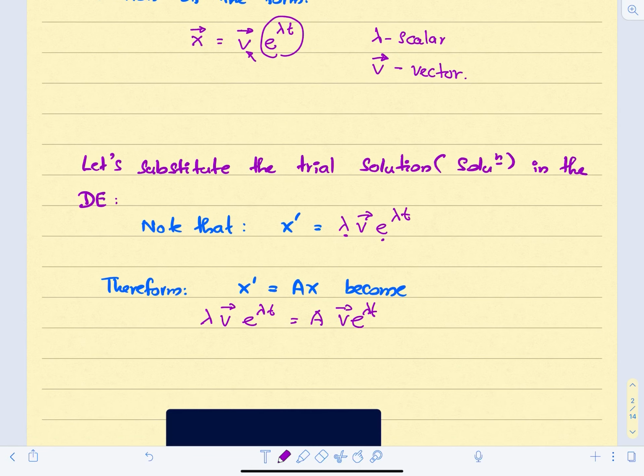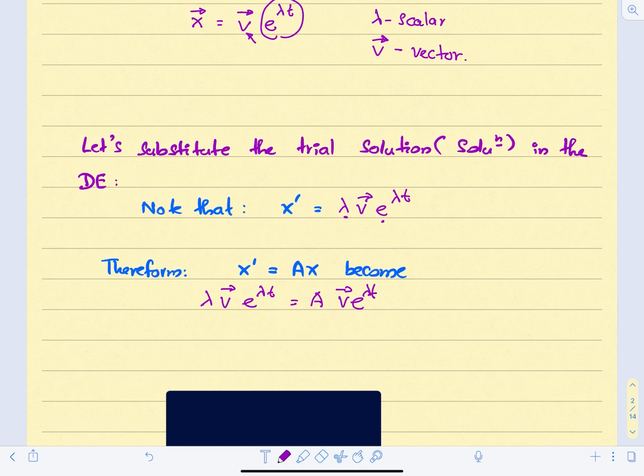Great. So now we know that e to the lambda t does not equal 0. So what we could do is divide both sides by e to the lambda t, and then we get lambda v equals A v. Excellent.